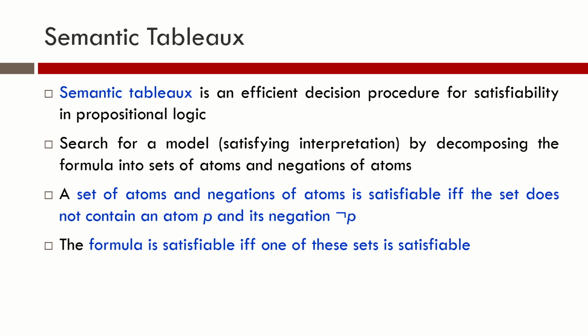A model is actually a satisfying interpretation. We search for a model by decomposing the formula into sets of atoms and negations of atoms. A set of atoms and negations of atoms is considered to be satisfiable if the set does not contain an atom P and its negation.